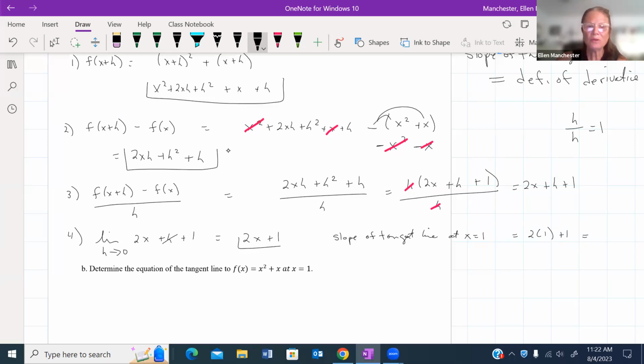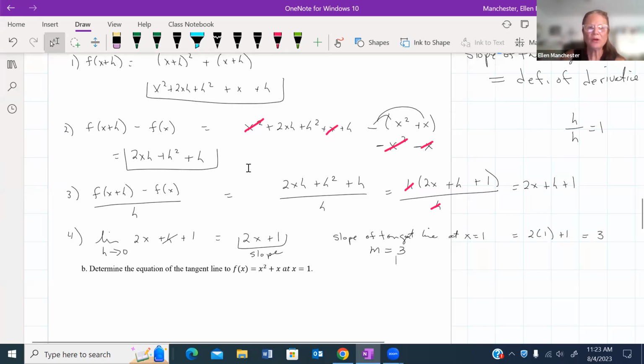Because remember, that's what this is, your slope. It's the derivative. All right, so 2 times 1 is 2 plus 1 is 3. So the slope is 3. Okay, so that's how you find the slope of a tangent line. You just find the derivative using the definition of the derivative and then plug in your x value.